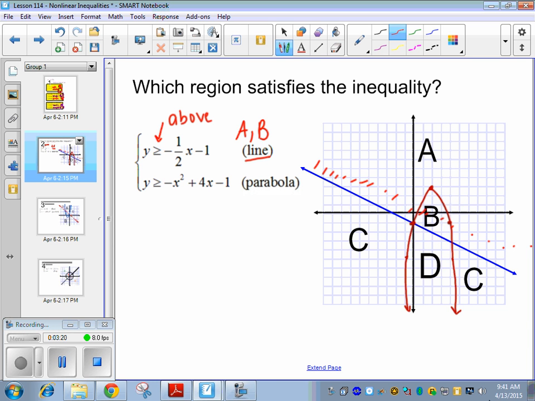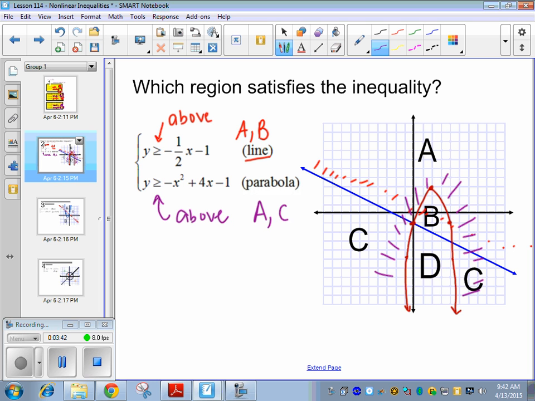And then we've got y is greater than or equal to this parabola. Greater than means above. It is a downward parabola, so technically above means outside. So outside the parabola would be regions A and C.